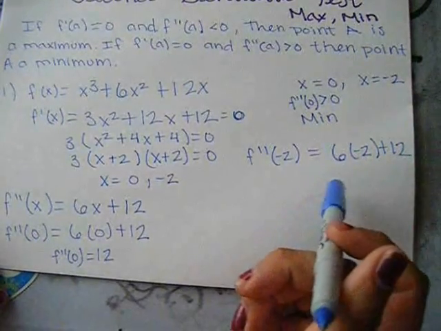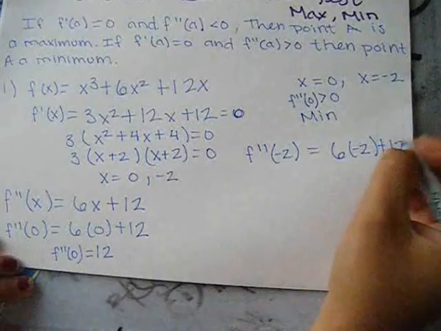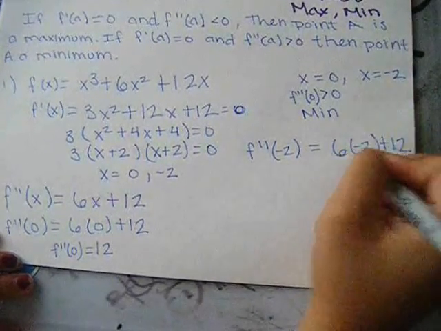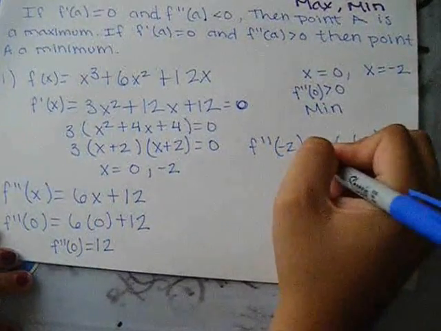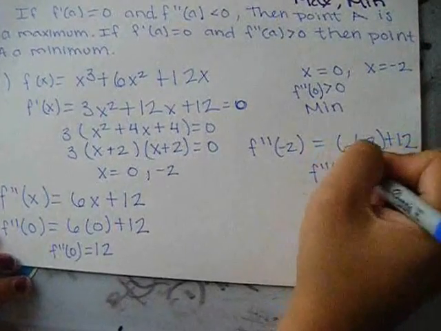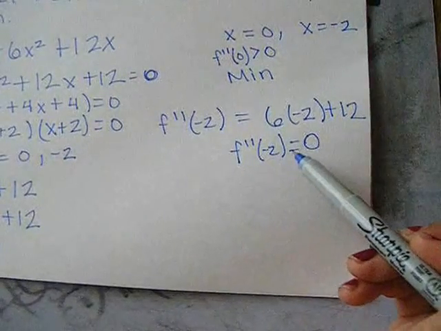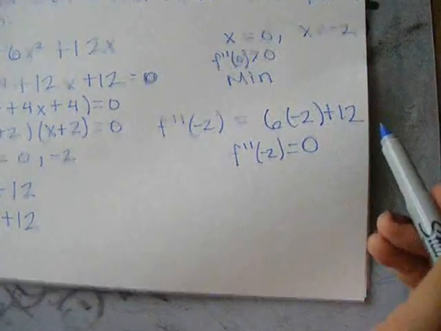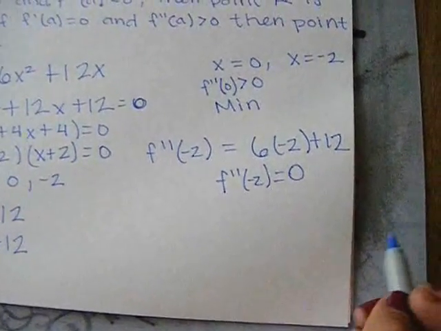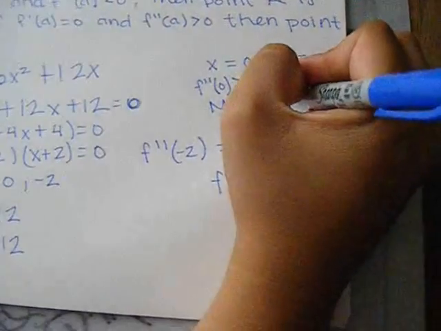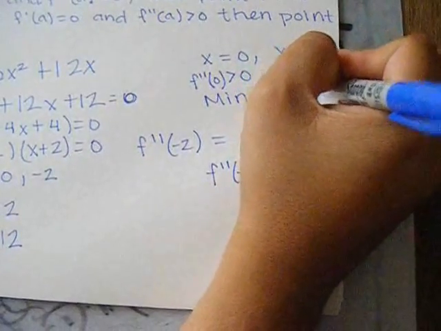And then we're going to see that this is going to equal 0. So because this is going to equal 0, we know that x equals negative 2 is going to be neither a min nor a max. So it's going to be nothing.